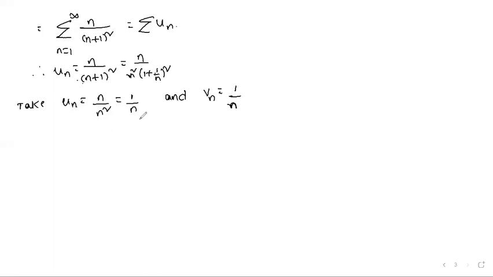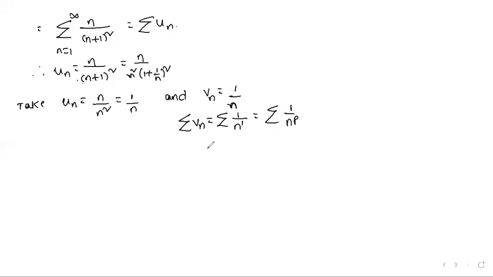So we know un and vn. Apply the summation here, summation vn is equal to summation 1 by n power 1. This is in the form of the p series test or auxiliary series, 1 by n power p.